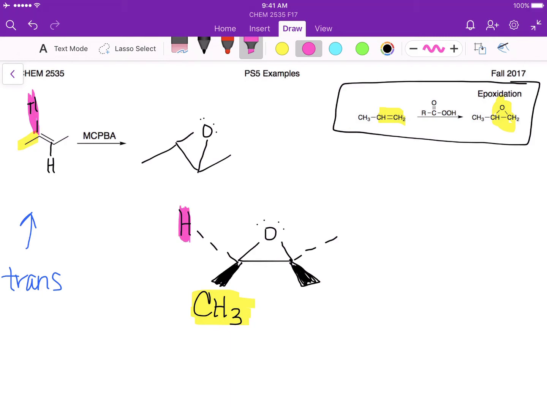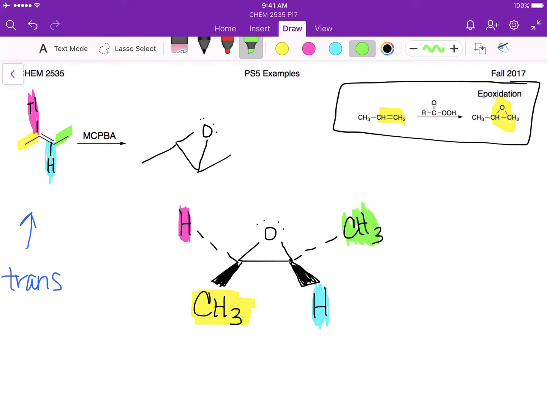Now we can do the same thing for the other side. We ask what's pointing down and coming out of the plane at us. This hydrogen here. Okay, so we come over here and put this hydrogen on the wedge. Then we also ask again what's pointing up and away from us. Looks like this methyl group is. So we can put the methyl group right there. And that shows us that we have the trans product.